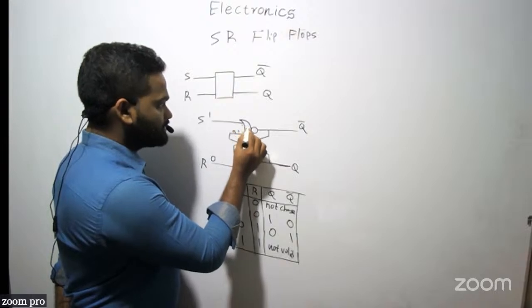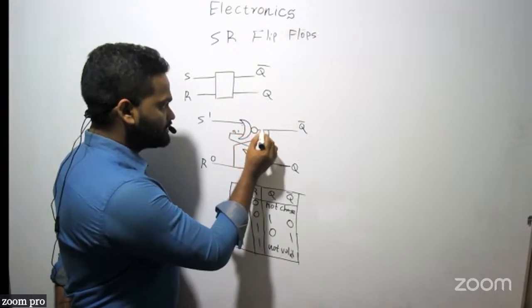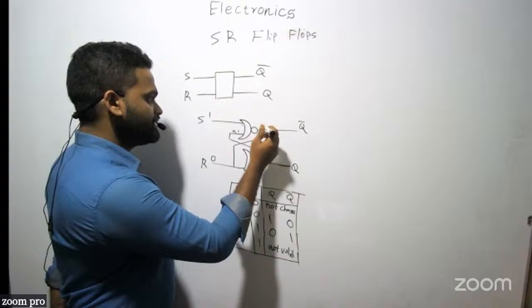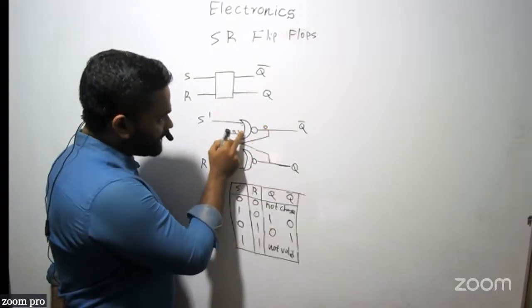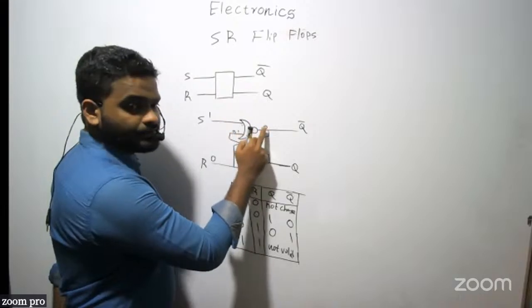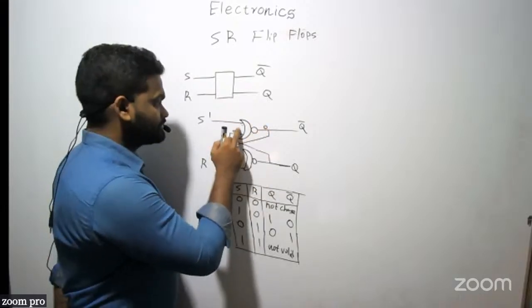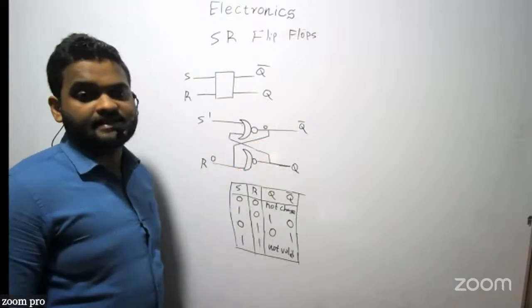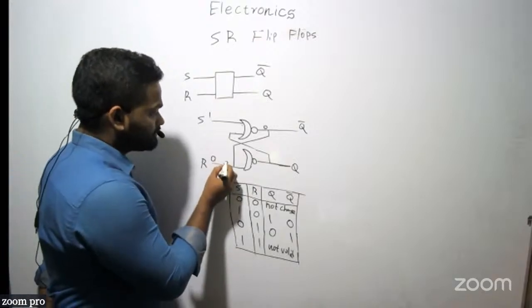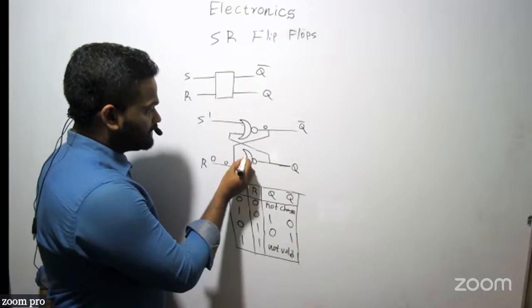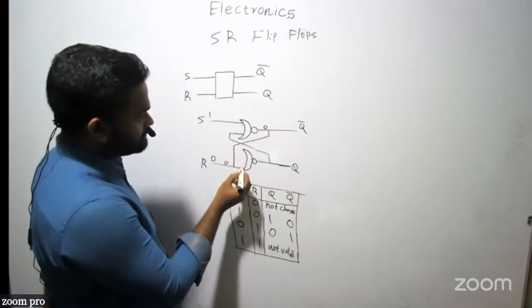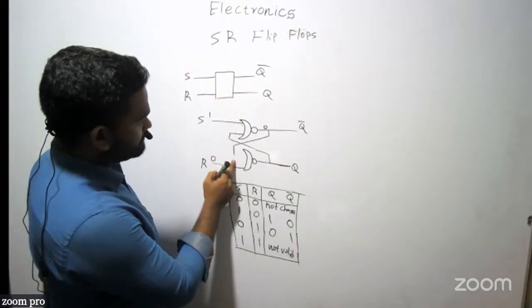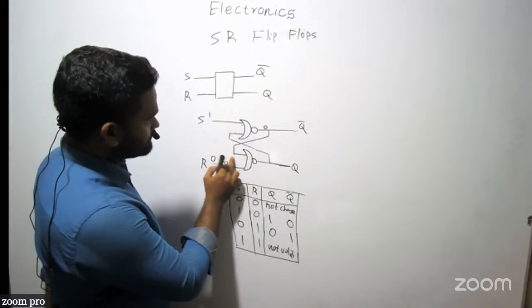If you put a 1, you get a 0 definitely. Then this 0 feeds back into the other gate's input.